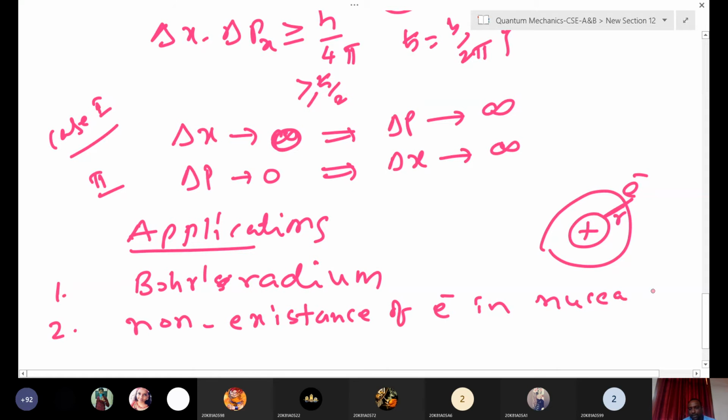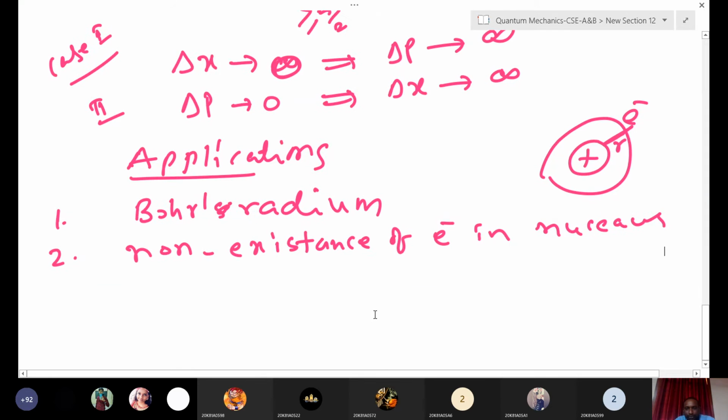How will you estimate this? We know electron will not exist in the nucleus; electrons always revolve around the nucleus. So using this Heisenberg uncertainty principle, we can say electron will not exist in the nucleus. Using this formula, delta x and delta p are greater than or equal to h by 4 pi.